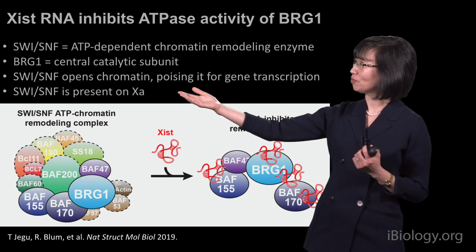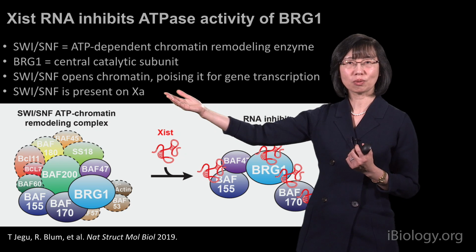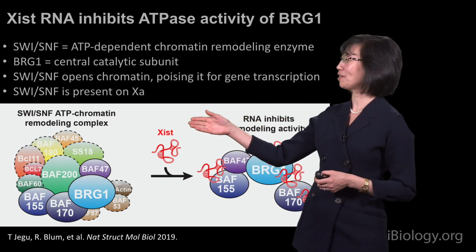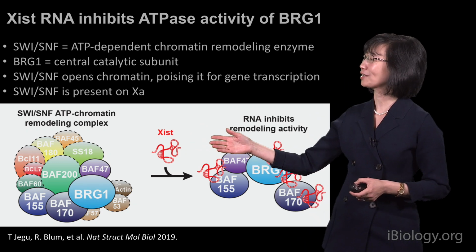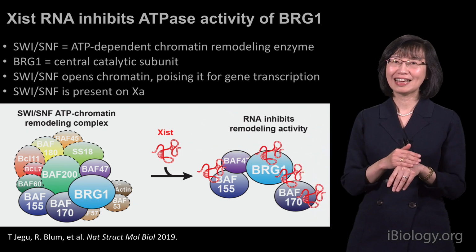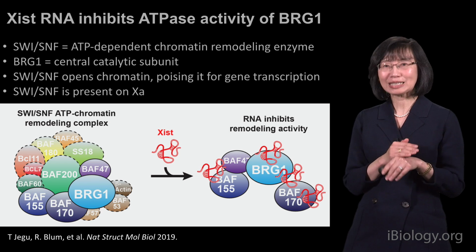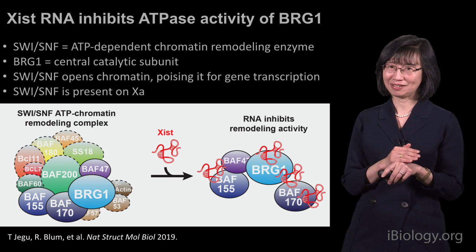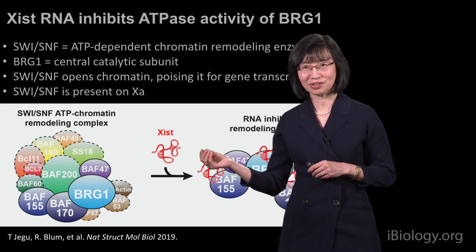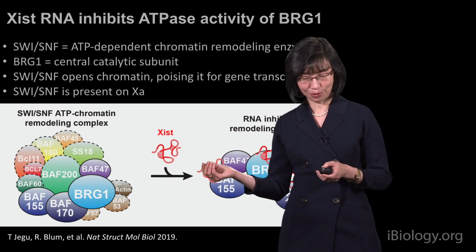And so normally you would find SWI/SNF on the active X chromosome, but not on the inactive X chromosome. As Xist RNA spreads over the inactive X chromosome, the RNA comes into contact with BRG1 and inhibits the ATPase activity of BRG1, just as it inhibits the methyltransferase activity of PRC2.